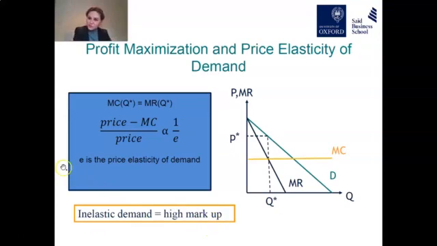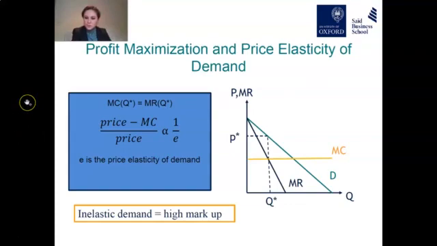The opposite is also true. If the demand side was very elastic, then even for a monopolist, even for a pharmaceutical company, or actually with pharmaceuticals it is difficult to think about a product with an elastic demand curve, but think of a different type of monopolist for which the demand curve happens to be more elastic.